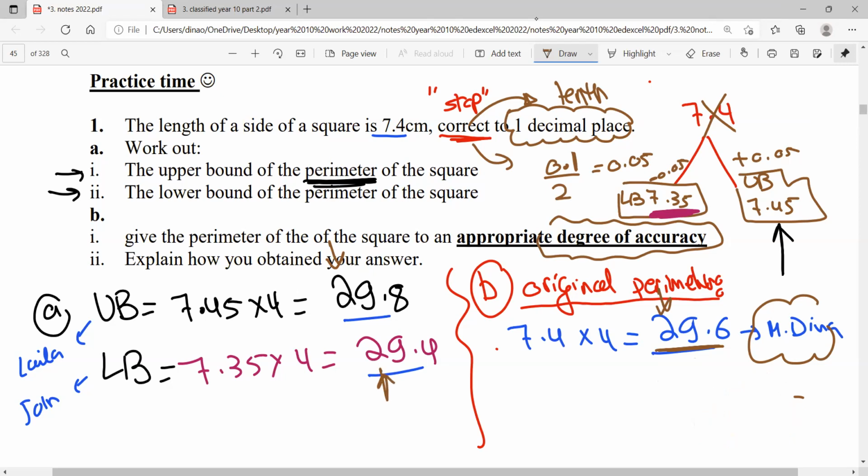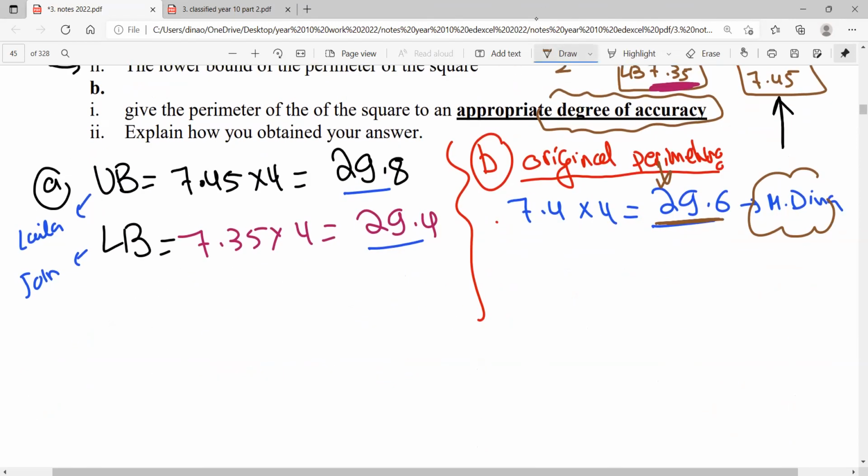So what is the degree of accuracy? You will find the question says here, give the parameter of the square to the degree of accuracy. So we're going to go back to the carpenter and tell him that the degree of accuracy is 30. He asked us, how did you decide that the degree of accuracy is 30?